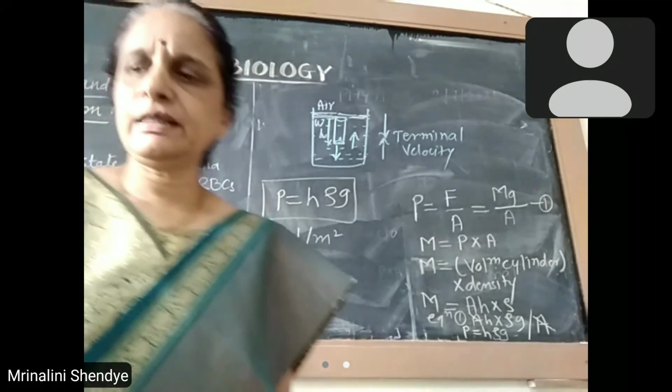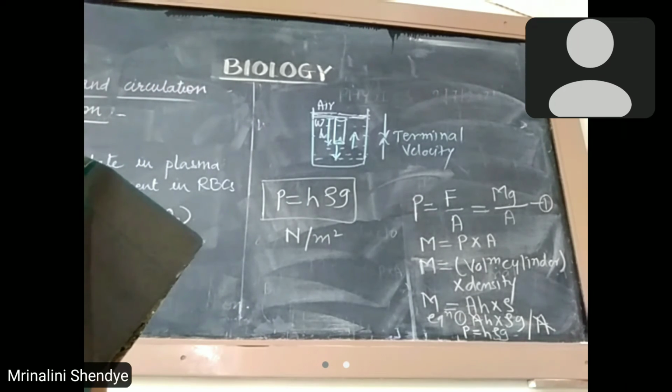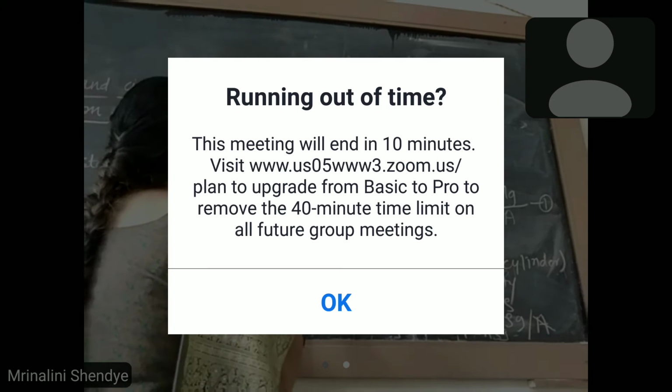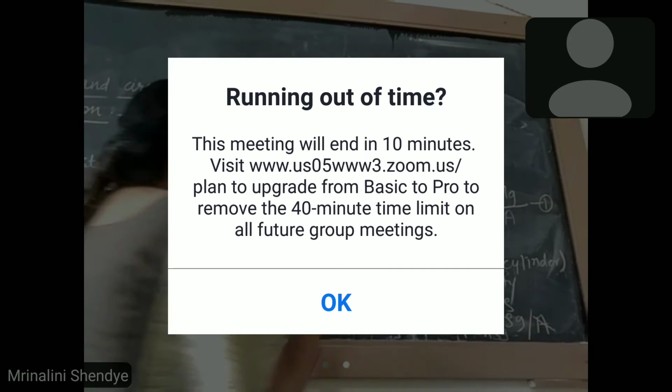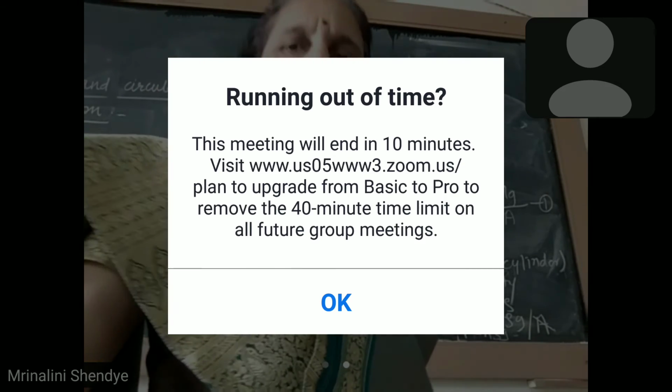Always we measure the pressure by the SI unit, that is Newton per meter square. Sometimes it is also measured in Pascal. It is a CGS unit for measurement of this pressure.